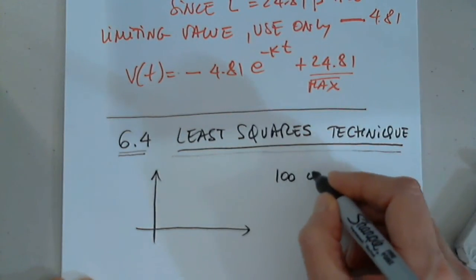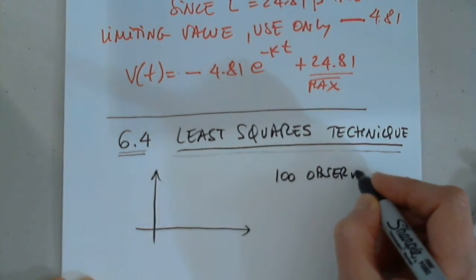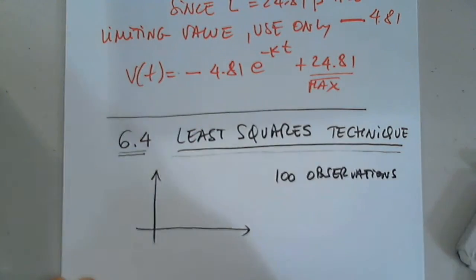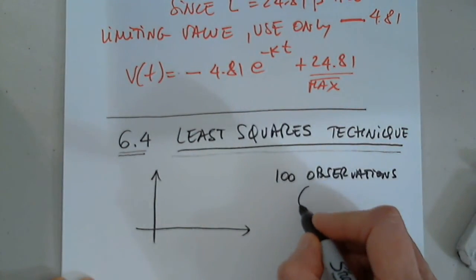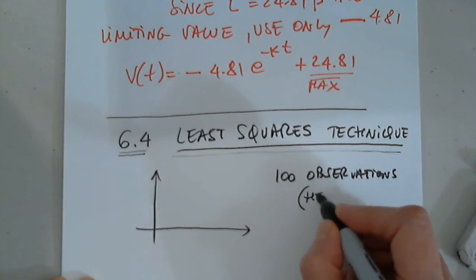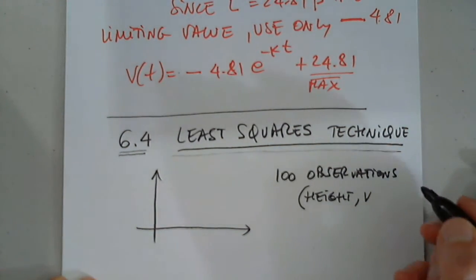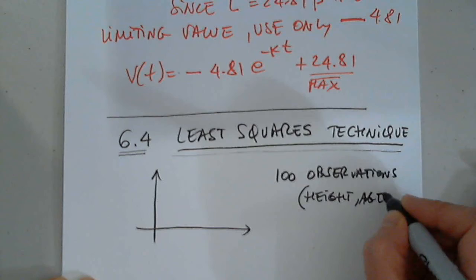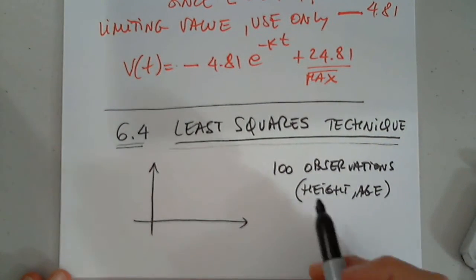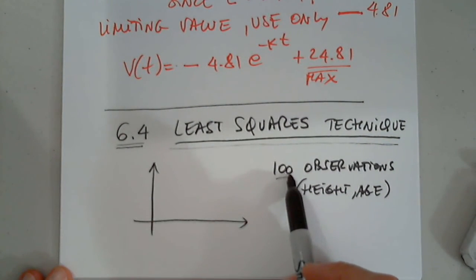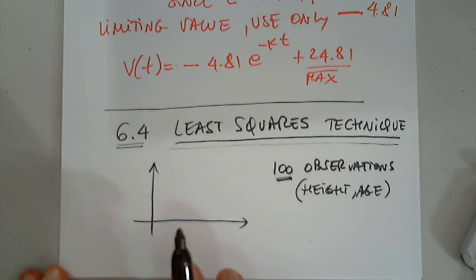100 observations, and they are in the form of an ordered pair. Let's say height, comma, age, let's say age. So I select 100 people randomly. I will use a specific technique.